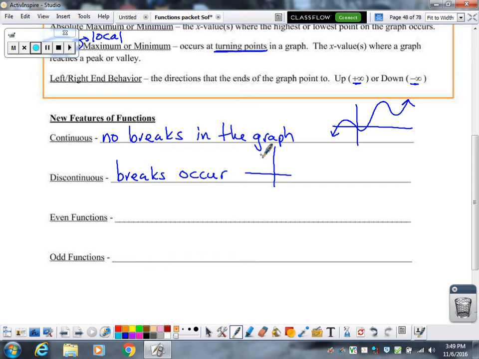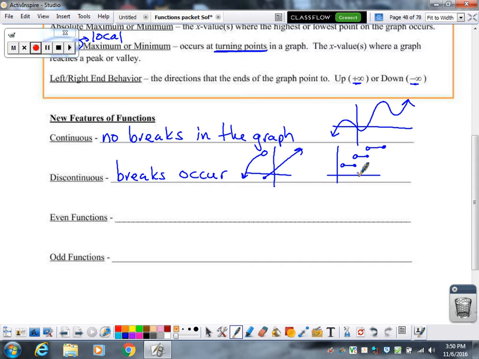They're called piecewise functions, where we have pieces of graphs put together. But there's a break, you have to lift your pencil up in order to go from one graph to the next. Step functions are another example of discontinuous graphs. It's called the step function because they look like steps.